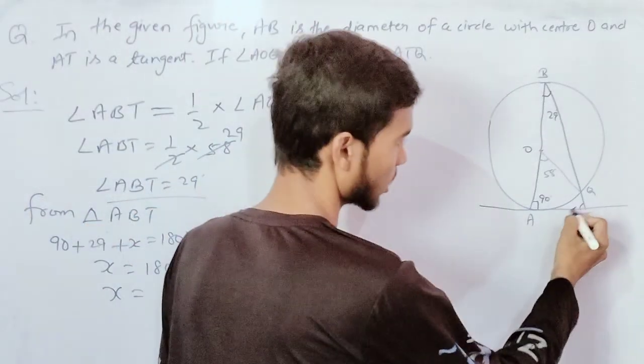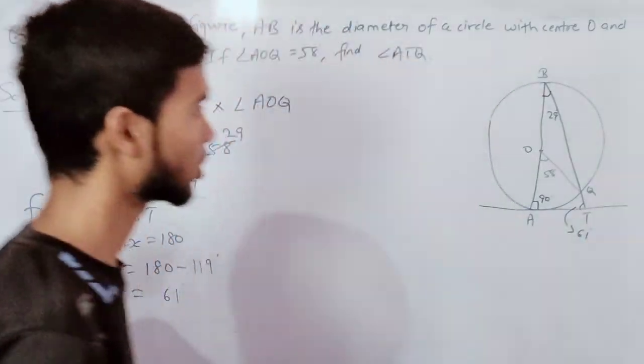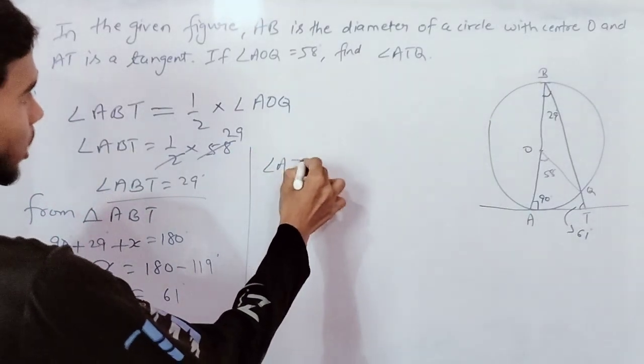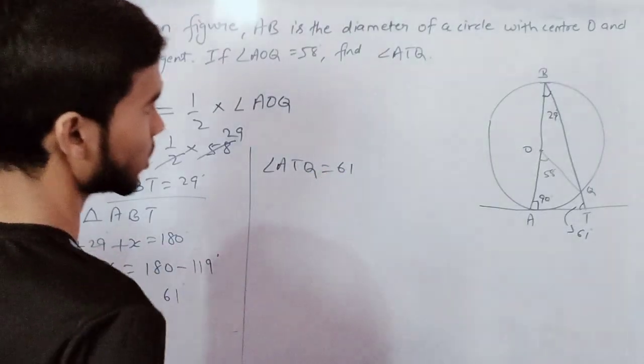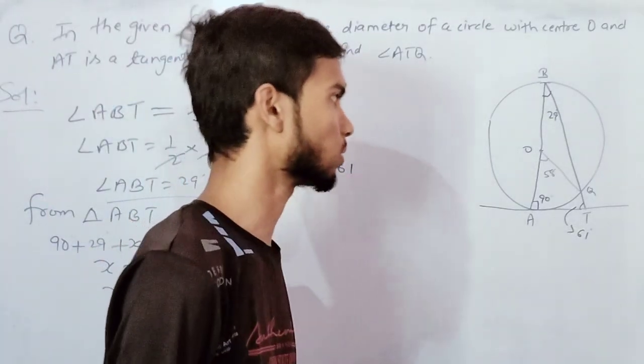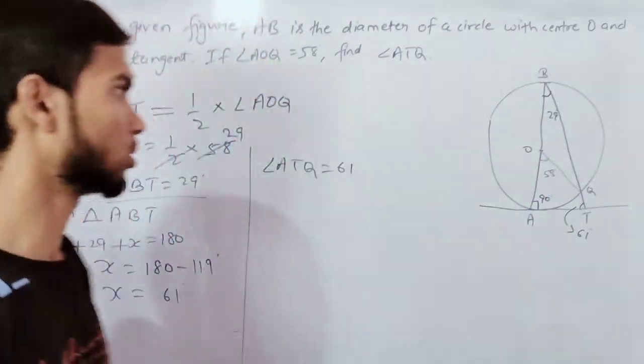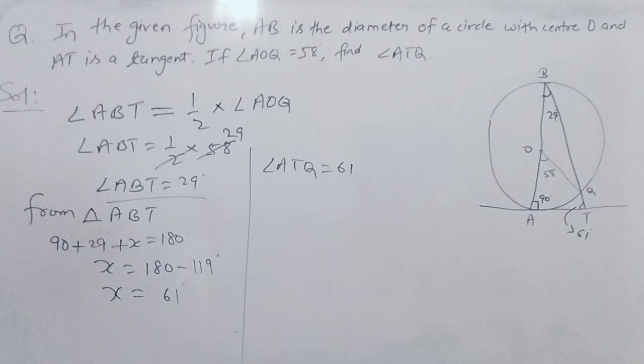So x is 61. Angle APQ is 61. We cannot say that ABQ is a triangle. So our answer is correct.